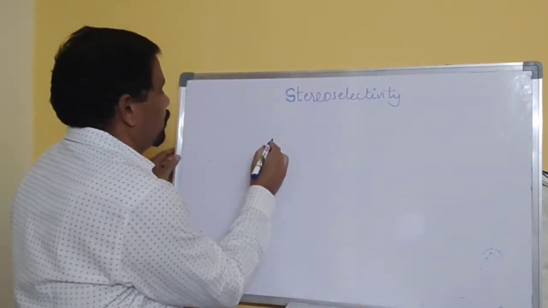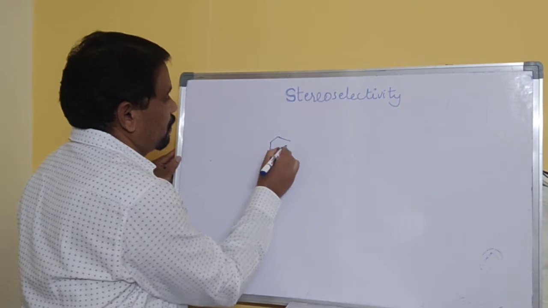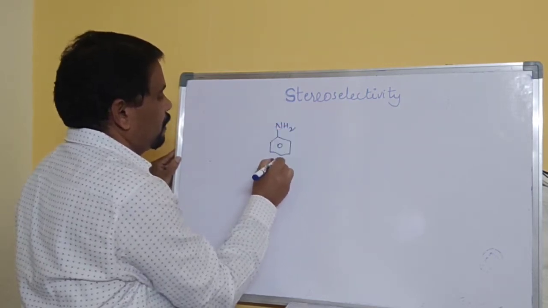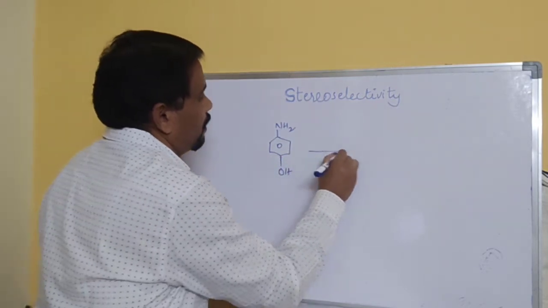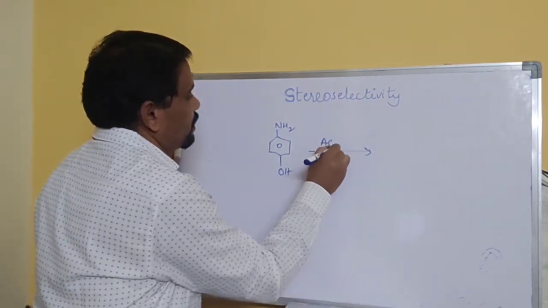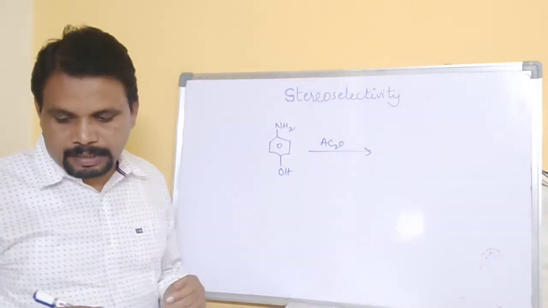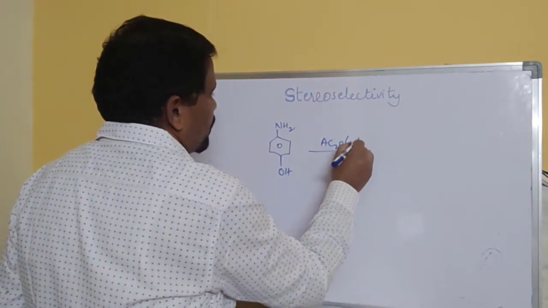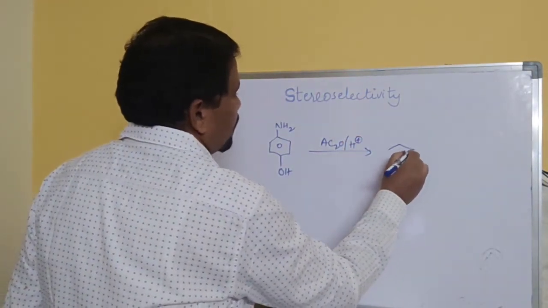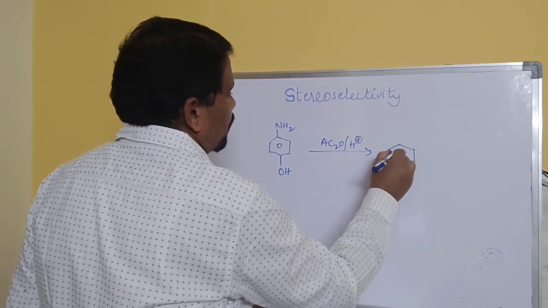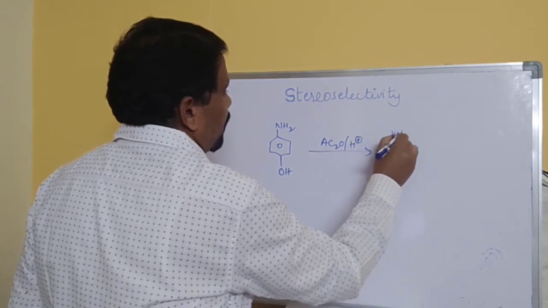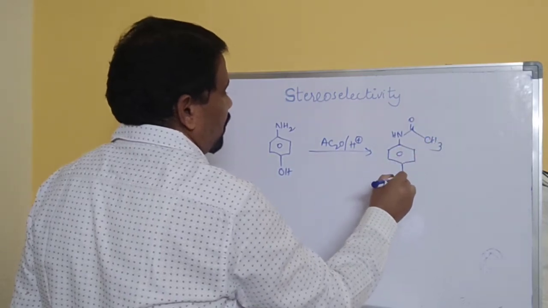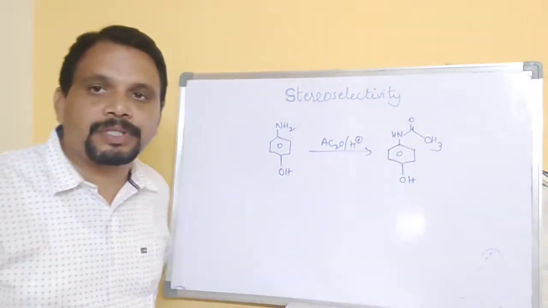Suppose you have an aniline amine alcohol. If you react it with acetic anhydride in acidic conditions, you will get this product.